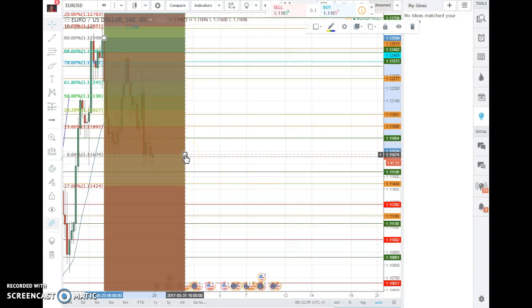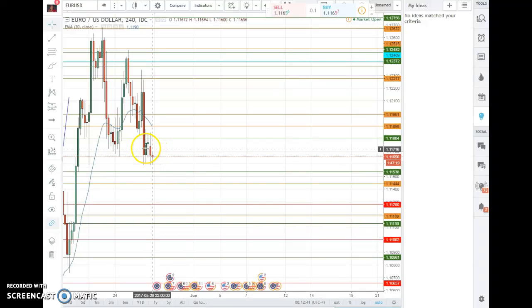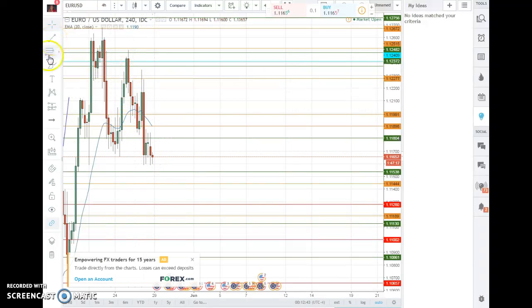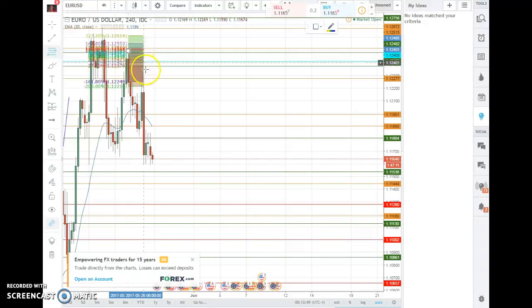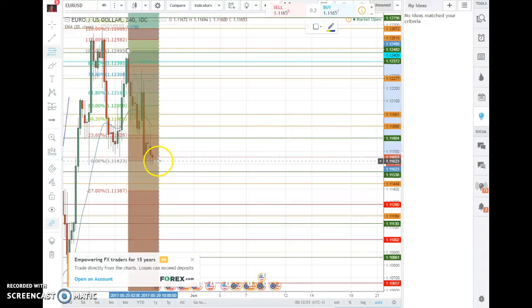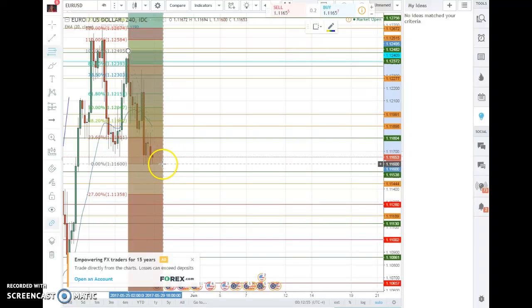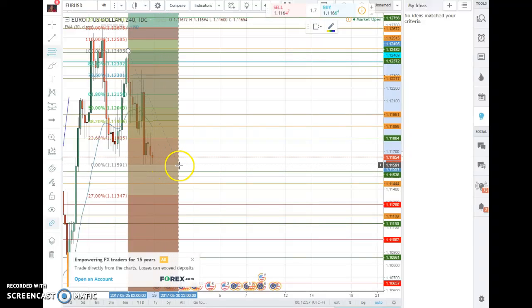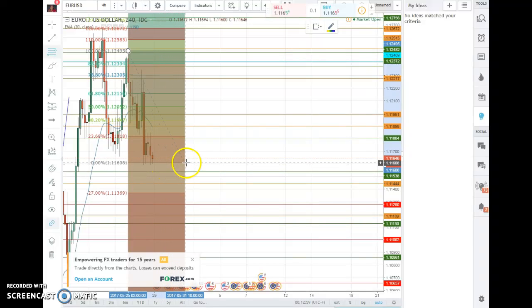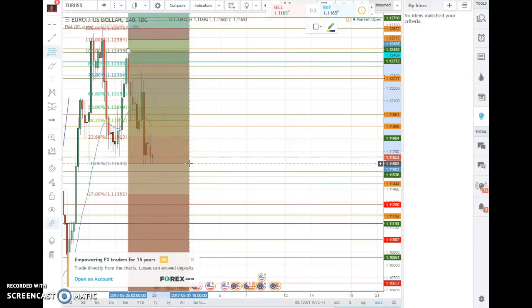So I wanted to look at this new downtrend. This is another downtrend that I wanted to look at. I'm going to start from here, and I'm going to end at this bearish trend, this bearish wick. Alright.